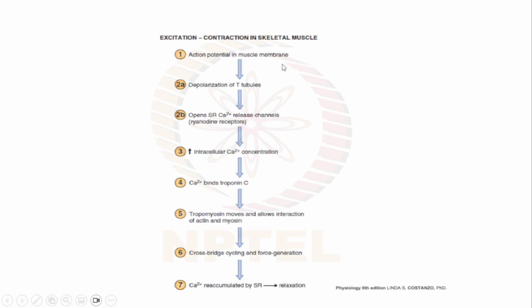That's an action potential in the muscle membrane, depolarization of T tubules. As I told you, the action potential travels in T tubules that will open the sarcoplasmic reticulum calcium channels. The ryanodine receptors will then release the calcium inside the sarcoplasm, which will cause the calcium to bind to troponin C, and this troponin C will then cause the tropomyosin to move away from G actin, exposing the myosin binding site.